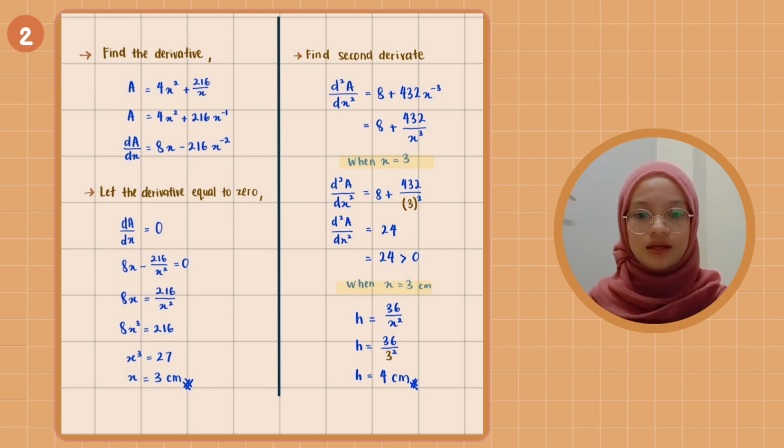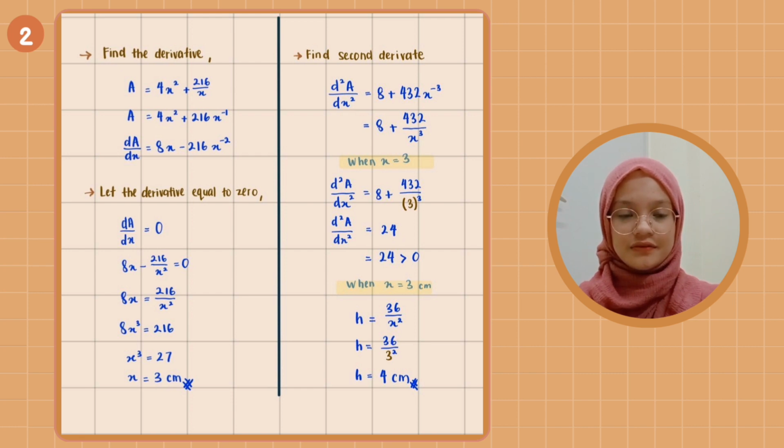So 8x − 216/x² is equal to 0. Now we can find the value of x by moving −216/x² to the right and letting x be on the left side. Thus, the value of x is 3 centimeters.